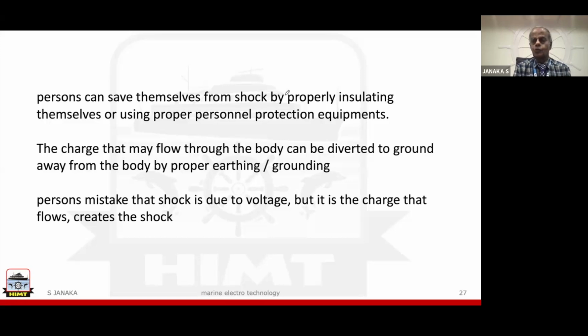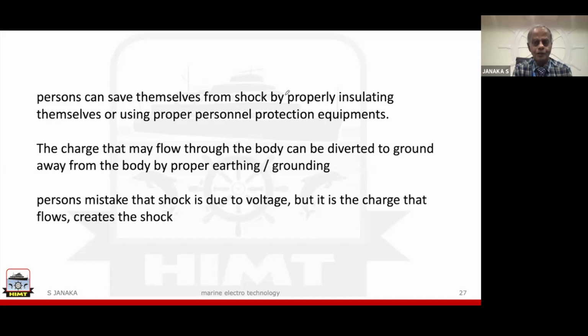Whenever we do work on the electrical system as a part of maintenance, as a precautionary measure, we normally ground the system after discharging the complete system of static charges, and we keep it grounded till the work is over, so that if by mistake any leakage current comes through, it gets diverted to the ground.